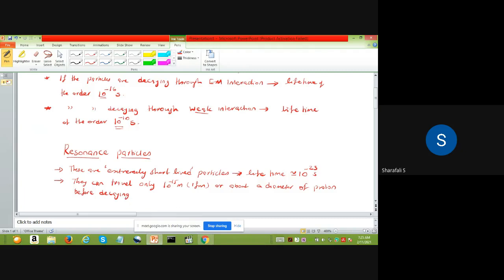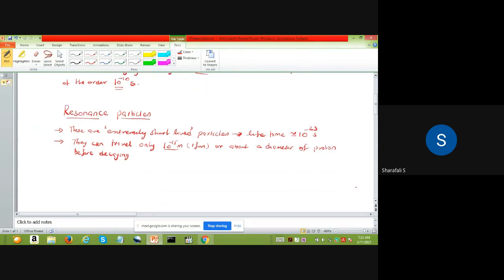They can travel a maximum of 1 femtometer, and within that distance they decay into other particles.